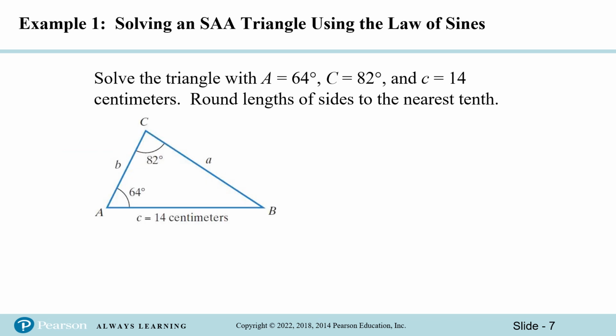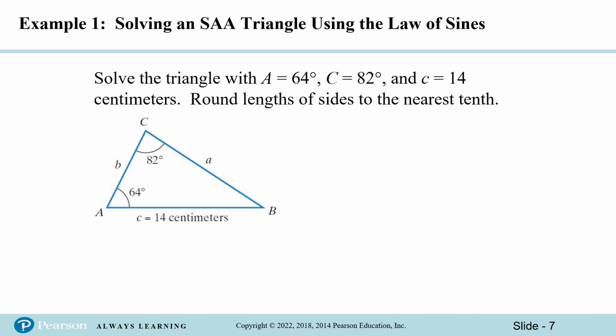All right. So we're going to solve the triangle where one of the angles, A, is 64 degrees, and we know another angle, 82 degrees. So because we know 2 angles and a side, we can use the law of sines, and it happens to be that the side that we know is not between the two angles.